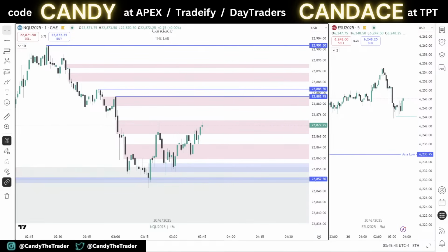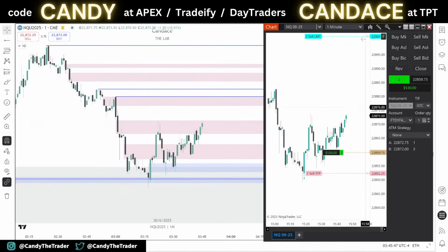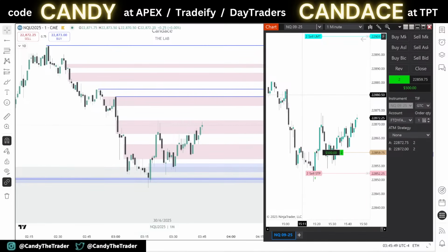So if price at the end of the day doesn't hit my final TP and goes back to hit my break even or anything else, then we decide together. We decide to move the TP to the top together.